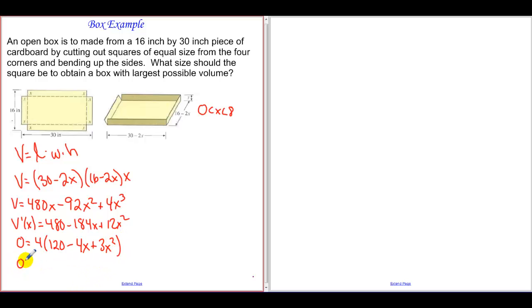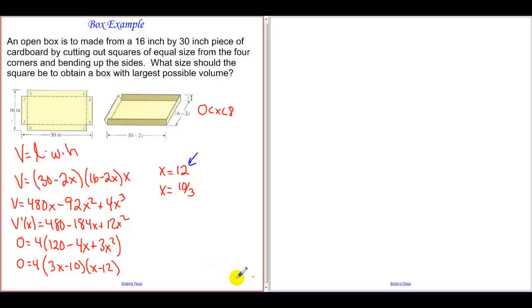Okay, now factoring that even more, okay, so our possibilities are x equals 12 and x equals 10/3. Now the reason that I remembered to find my domain is 12 is not in our domain. I can't cut 12 inches from both sides because that would make this quantity not exist.